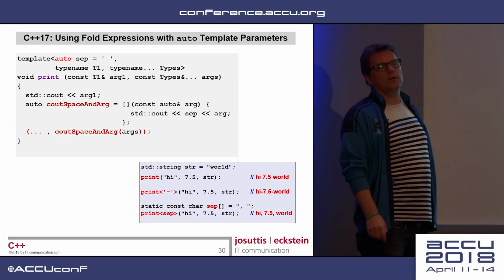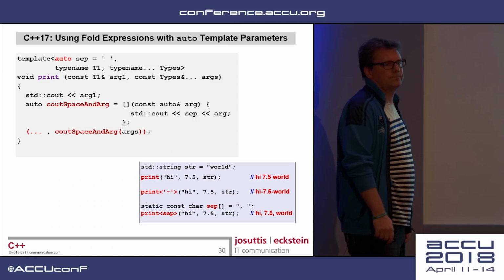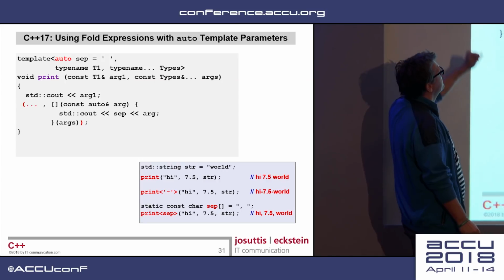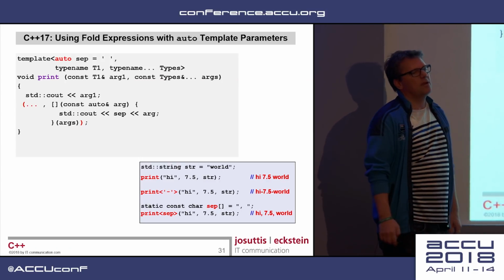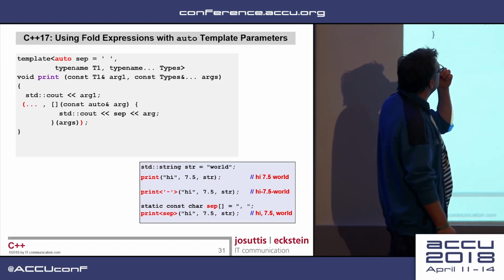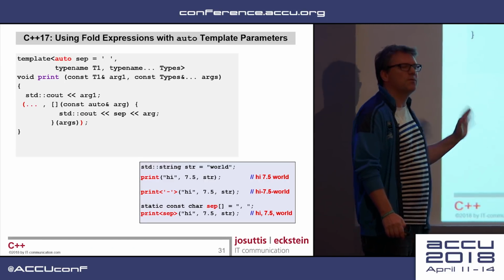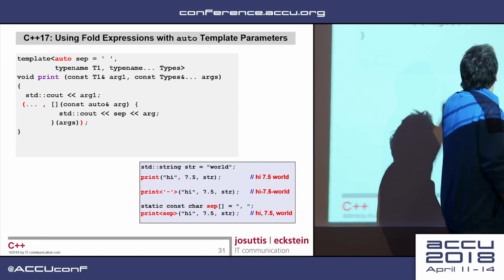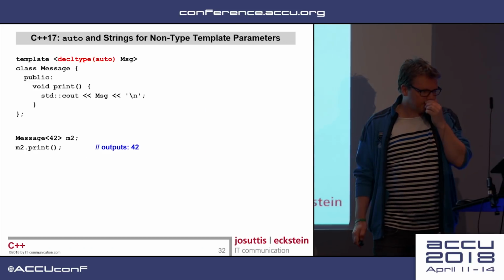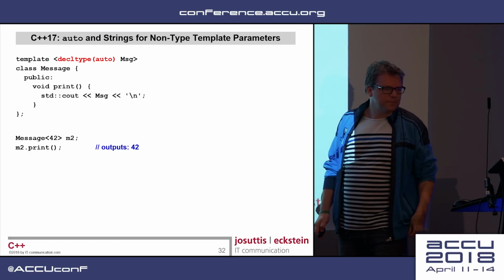This will compile and work. And of course, in one statement here, having the lambda as part of the fold expression. So this is already the application of 4 different C++17 features in 5 lines. We will have more about that.